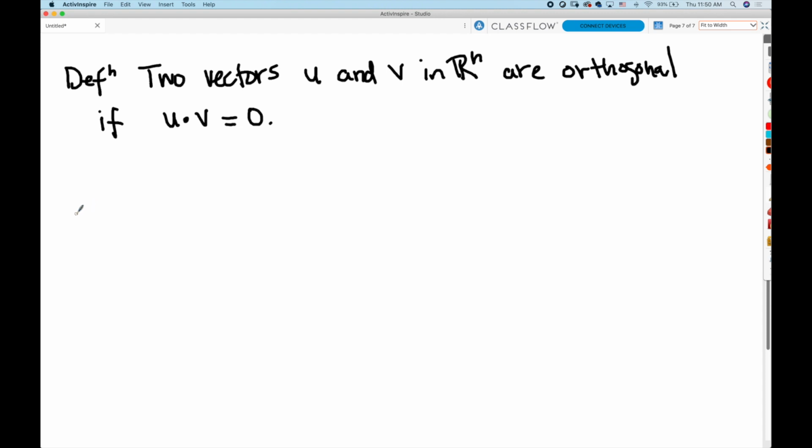Of course, it's clear to note that the 0 vector is orthogonal to every other vector in Rn. If I have the 0 vector, of course, its dot product is going to be 0 with any vector.